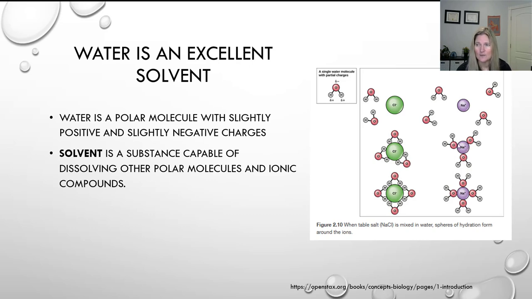In doing so, this little atom is surrounded by water, and this atom is surrounded by water. So the solute, the salt, has dissolved into the water. So water is an excellent solvent, particularly capable of dissolving not just ionic compounds like our NaCl, but also other polar molecules.